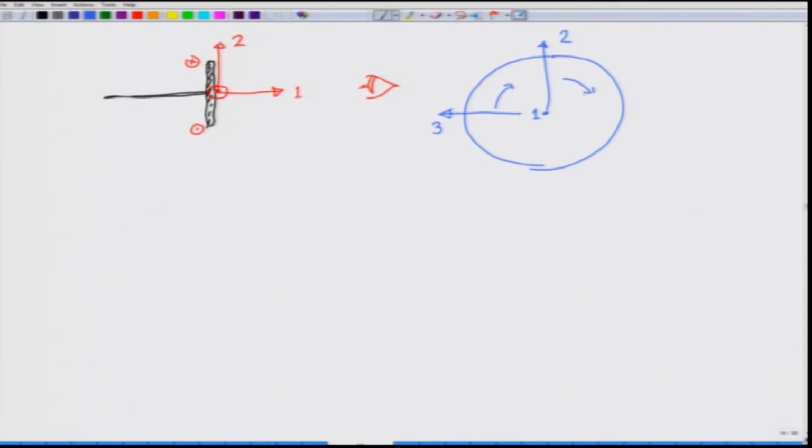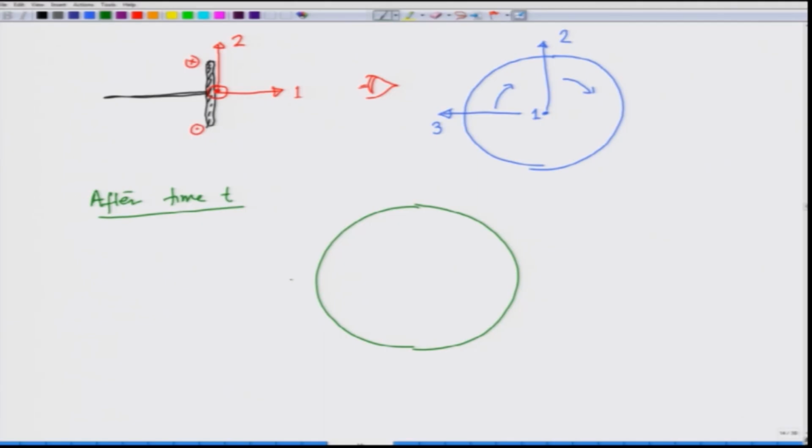So, if I make it after time t, what I am going to see is that the original axis 3 was like this, original axis 2 was like this, and now axis 2 has come here, axis 3 has gone here, and axis 1 remains coming out, and the wheel has rotated a bit.